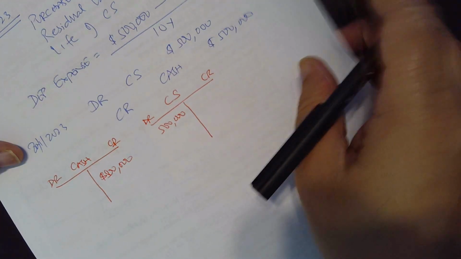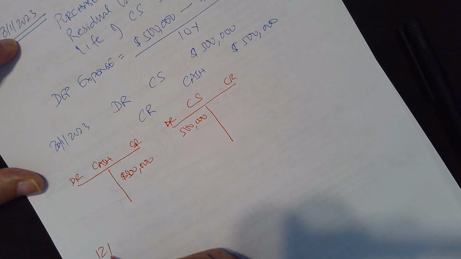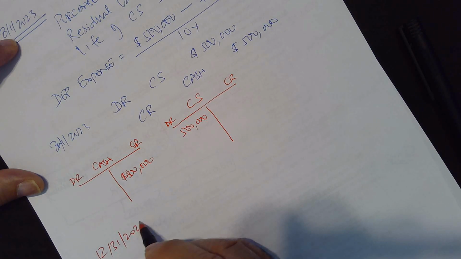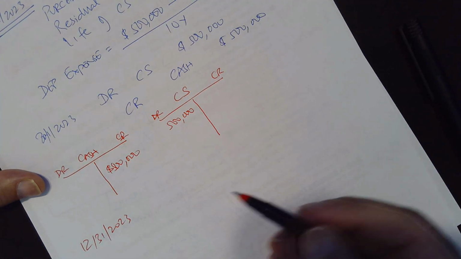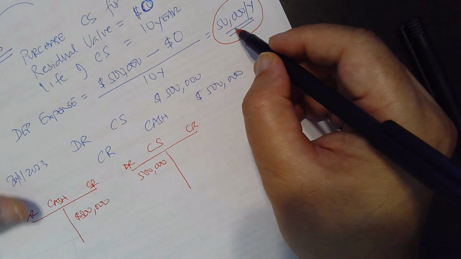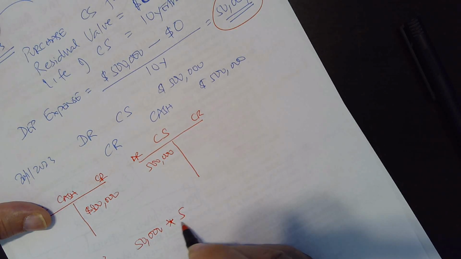Now we know that the depreciation expense is $50,000 per year. Very good. So how are we going to take into consideration? We purchased this on August 1st. Now we are on December 31st, 2023. 5 months have passed. So we can only take 5 months because this $50,000 represents the entire year. So the 5 months would be $50,000 multiplied by 5, and in a year how many? 12.